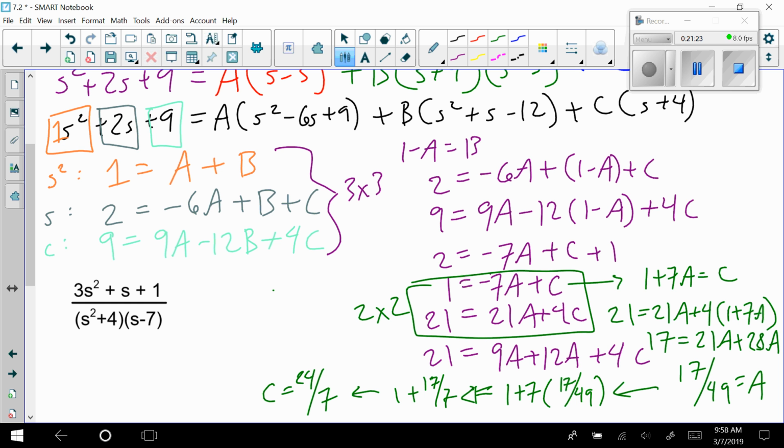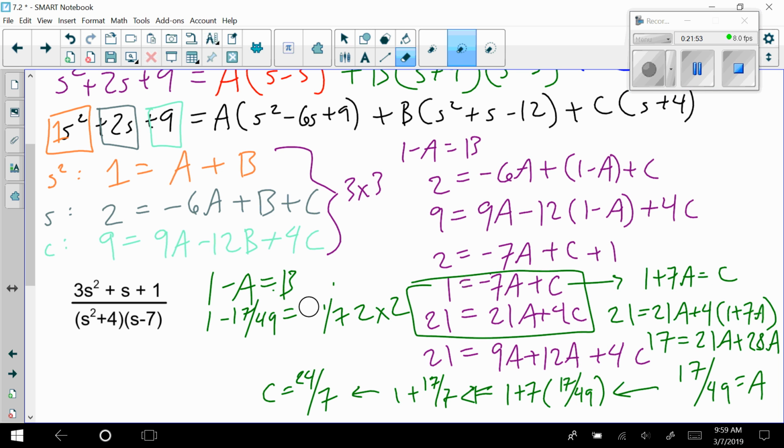And working it back through, I know that 1 minus a equals b. Well, that's 1 minus 17 49ths, which would equal what? That's 24 sevenths after I, no, that's not right.